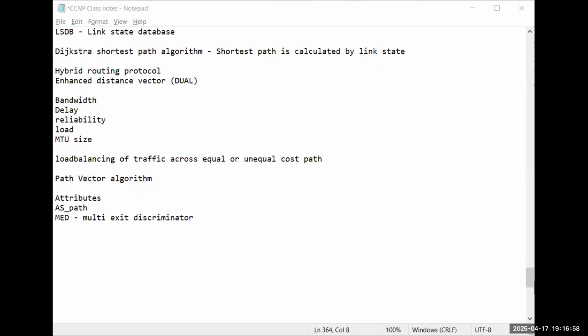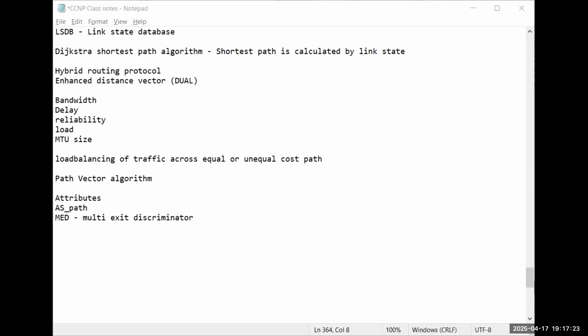For that, both the links need not be the same bandwidth. Same bandwidth means same cost. It can be unequal as well. One can run at 10 meg, the other at 5 meg. That means equal or unequal cost path.